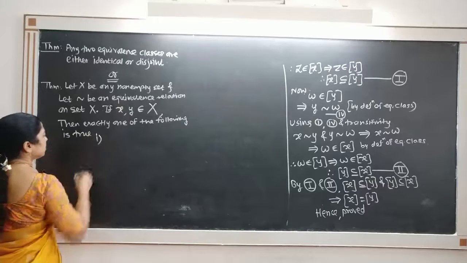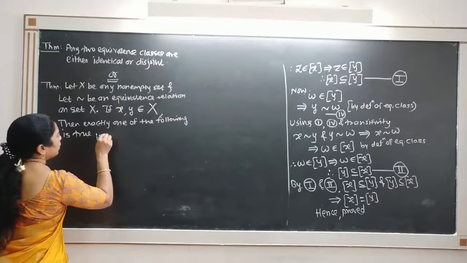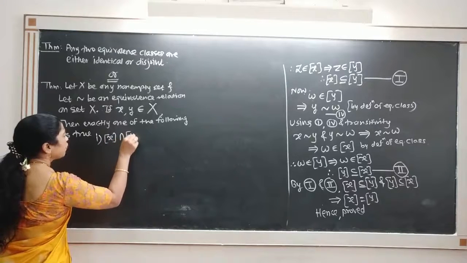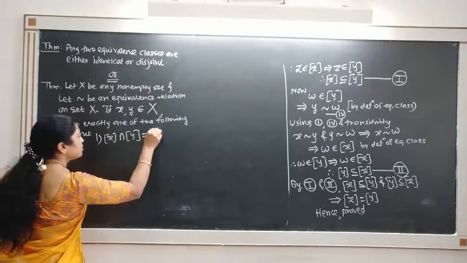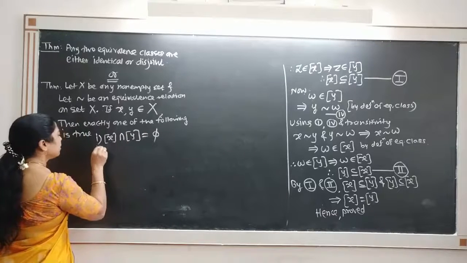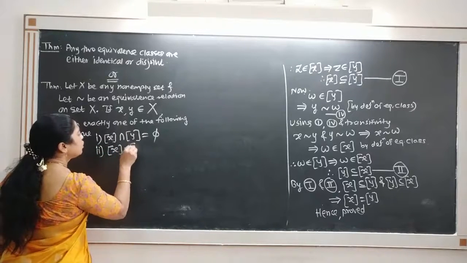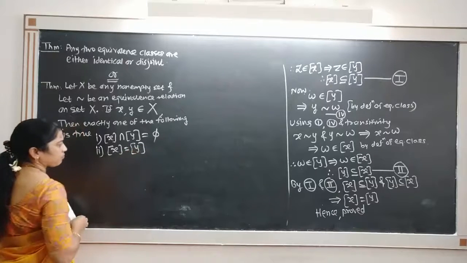The first result is the equivalence class of x intersection the equivalence class of y is empty, and the second result is the equivalence class of x is equal to the equivalence class of y.